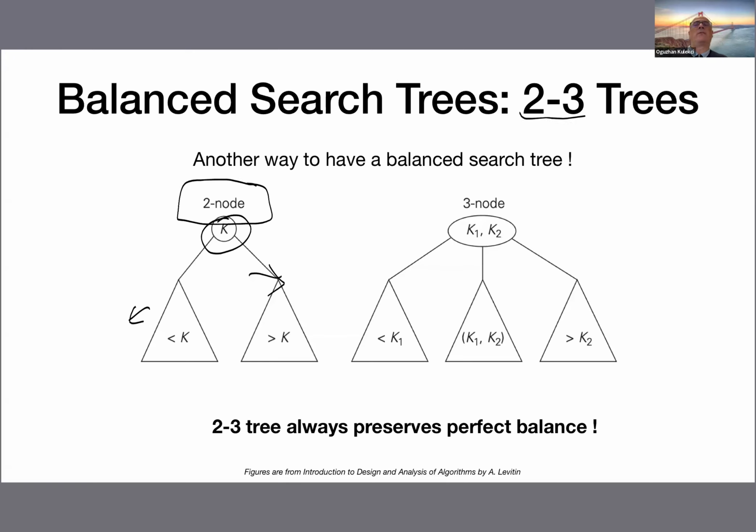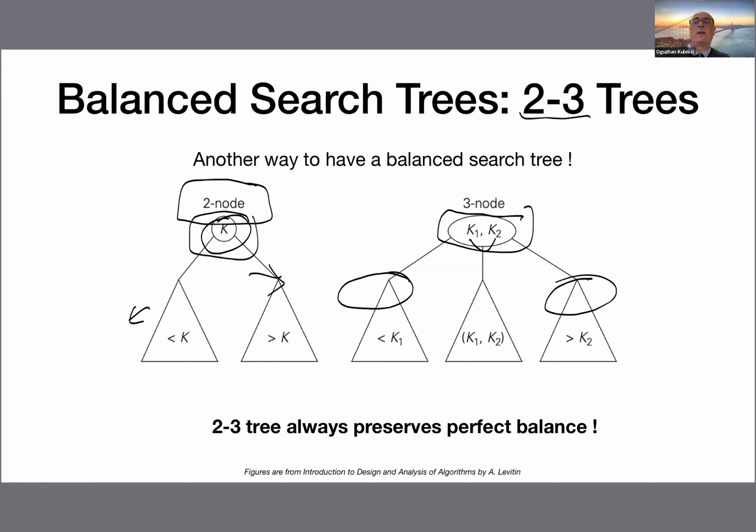With the 2-3 trees, you allow more than one key at a node, at most two, not more than two. So you have two nodes and you have three nodes. When you allow two keys to appear at a node, you allow three ranges, right? Something less than K1, those that are greater than K2, and those in between K1 and K2.